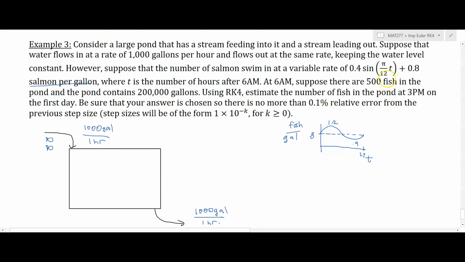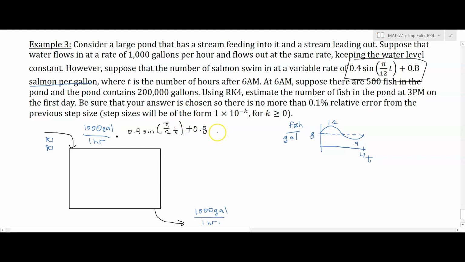So even though that's a function, and now this is why we're using Runge-Kutta, our input concentration, so to speak, of salmon is 0.4 sine of pi over 12 t plus 0.8.